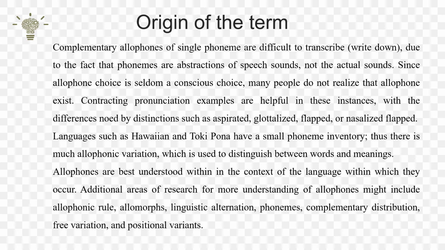Allophones are best understood within the context of the language in which they occur. Additional areas of research for more understanding of allophones might include allophonic rule, allomorphs, linguistic alternation, phonemes, complementary distribution, free variation, and positional variance.